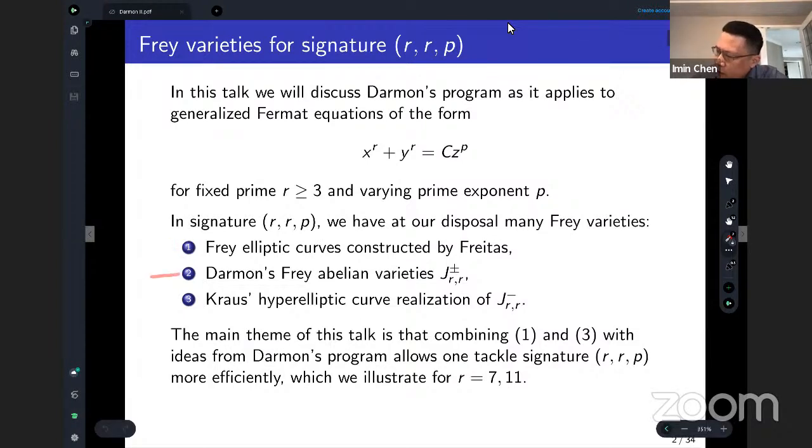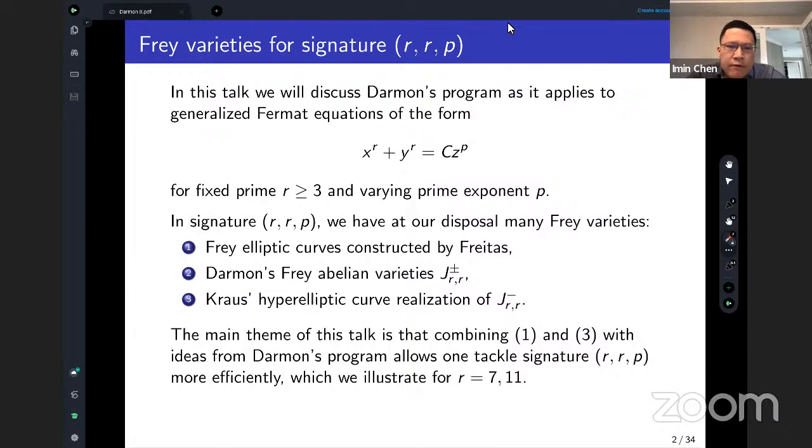We have Frey abelian varieties, which were introduced by Darmon when he wrote his article on his program. And thirdly, we will introduce a new hyperelliptic curve realization of some of Darmon's Frey abelian varieties. This hyperelliptic curve construction was originally discovered by Kraus.